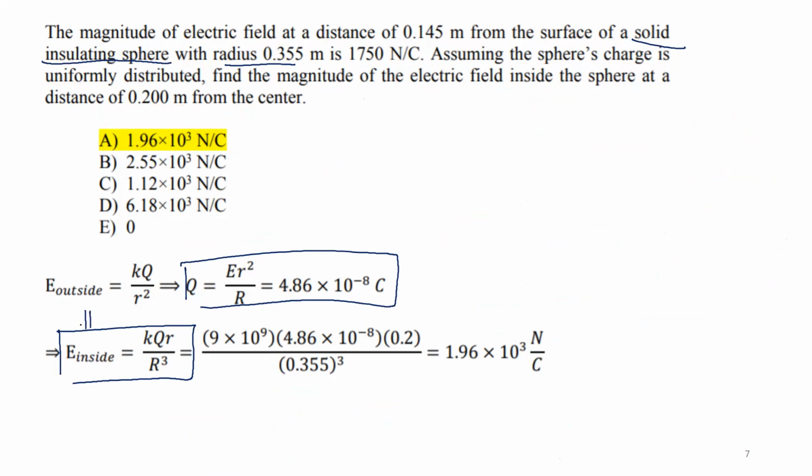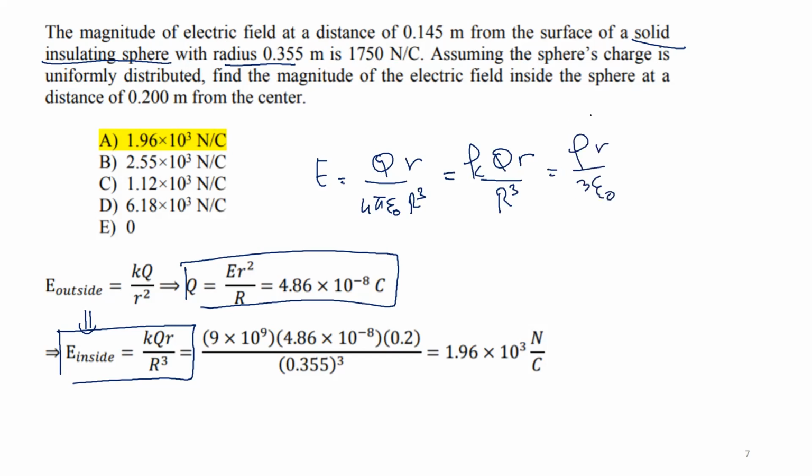If you don't know the formula, it's in your formula sheet, and it's written as Q over 4 pi epsilon naught r cubed, times r, which is just k Q r divided by R cubed. And we demonstrated this in class. Another way to look at it: this is just rho r divided by 3 epsilon naught, rho being total Q divided by 4 pi R cubed over 3, as we already talked about. So rho is the volume charge density.